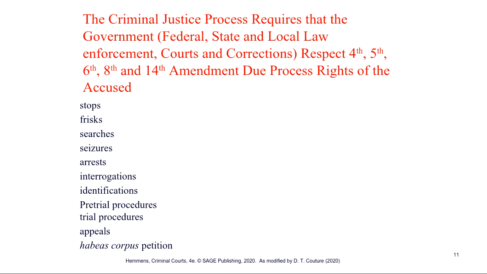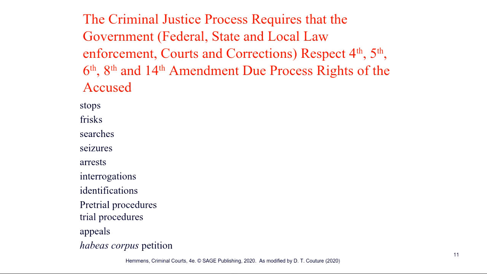So early on in stage 1, step 1, the investigation, law enforcement may be stopping an individual on reasonable suspicion, frisking an individual on reasonable suspicion that the person validly stopped has or may be armed and dangerous.